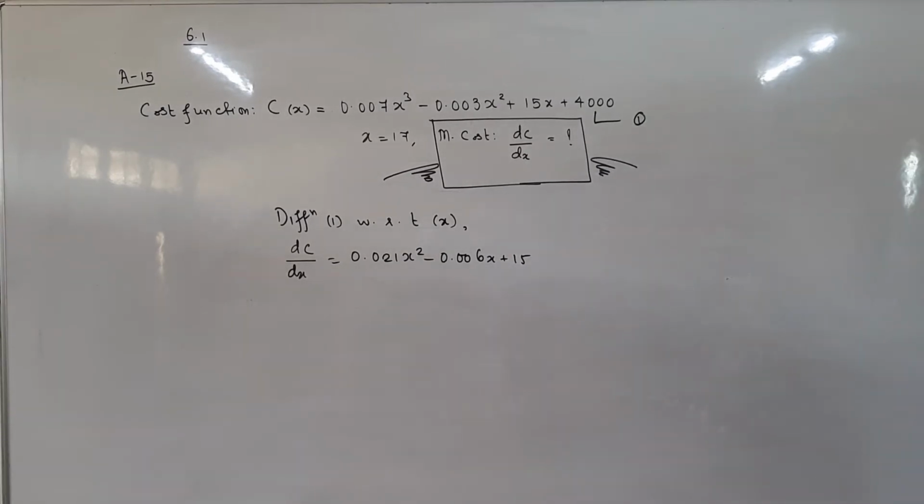Okay, students, I hope it is 0.003x square, correct? Okay. So what we were supposed to remember, the formula to find marginal cost is dc by dx.